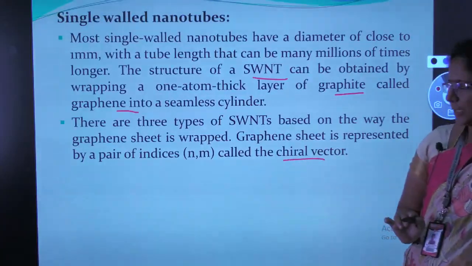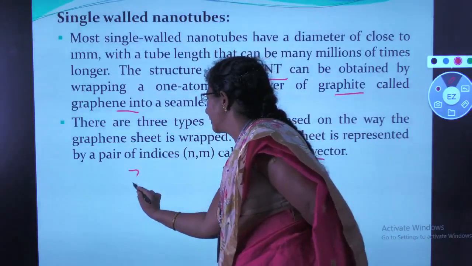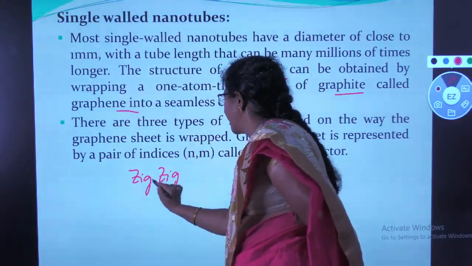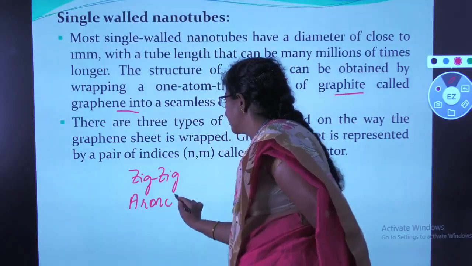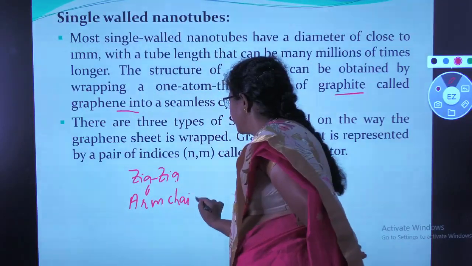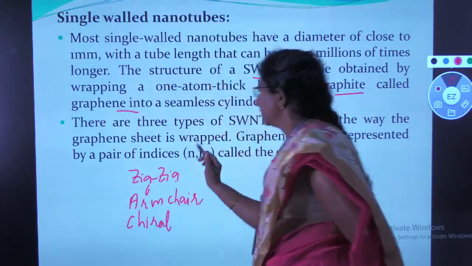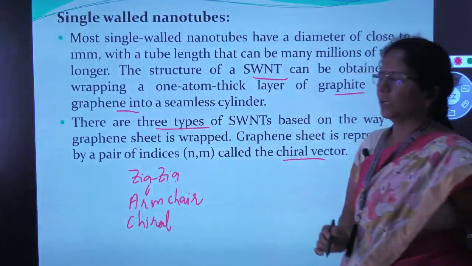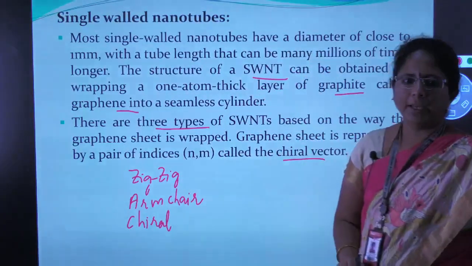Based on this, the single walled carbon nanotubes can be classified as zigzag, armchair, and chiral carbon nanotubes. So there are three types of single wall carbon nanotubes: zigzag, armchair, chiral nanotubes.